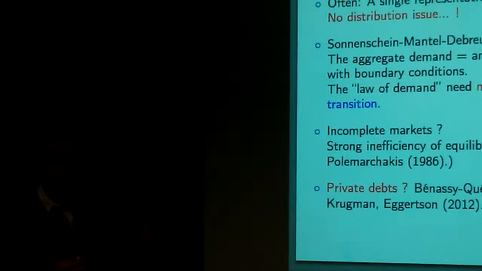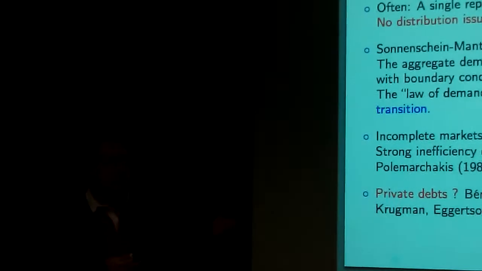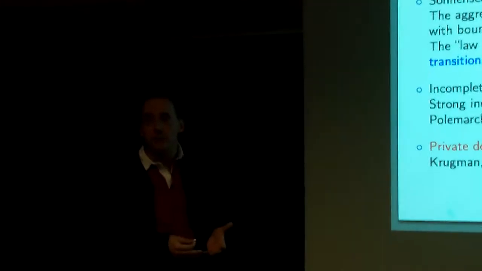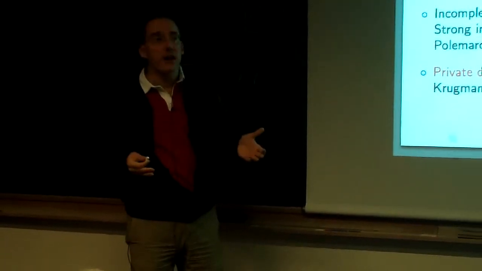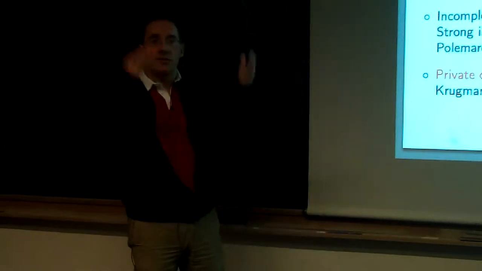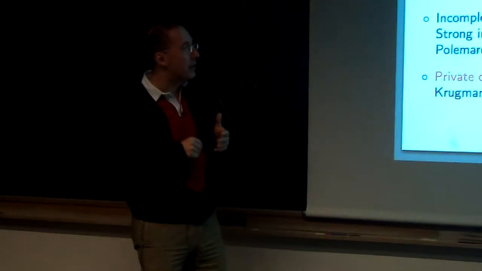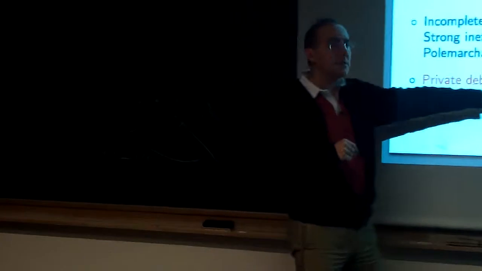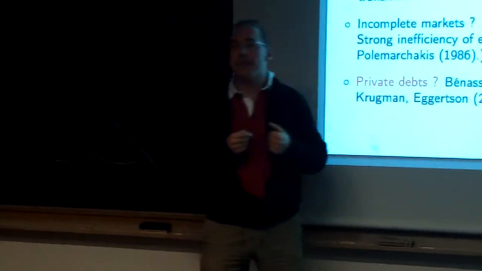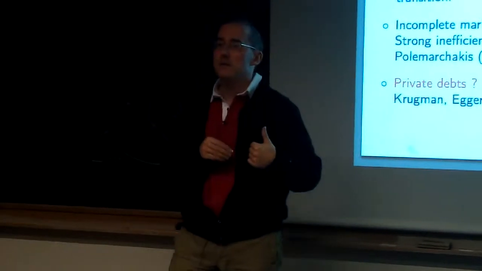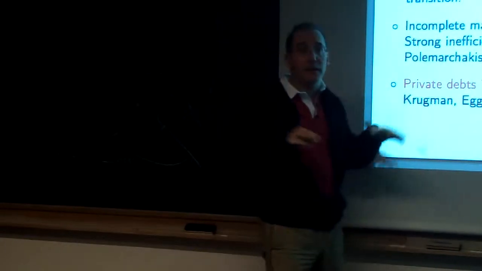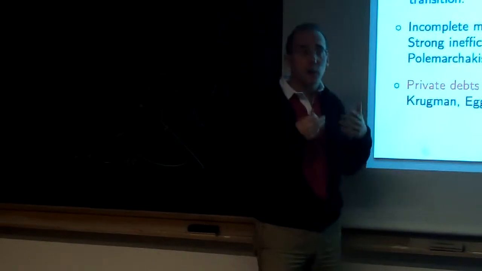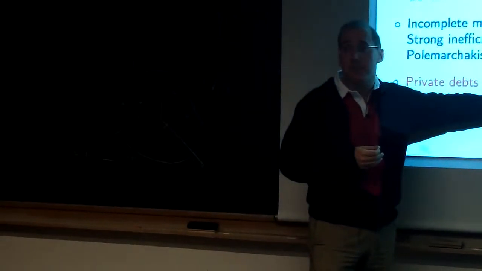I was fascinated and thought, how can they say something like that? Japan has been in a deflationary trap for 20 years and struggles against it with no success. How can they say that in 2 years it will take off? Then I looked at the model and I talked to Agnès, and we realized that Japan had no debt in the model. So of course, if people don't have any debt, Japan will take off tomorrow morning. But what's the use of a model where people don't have debt?